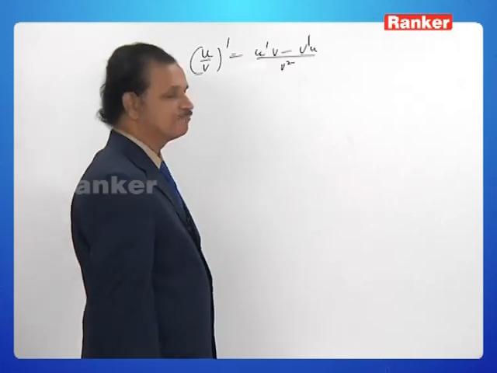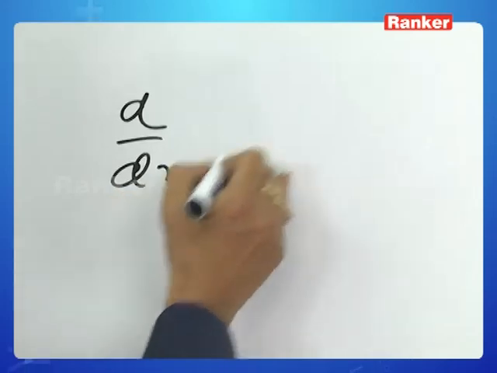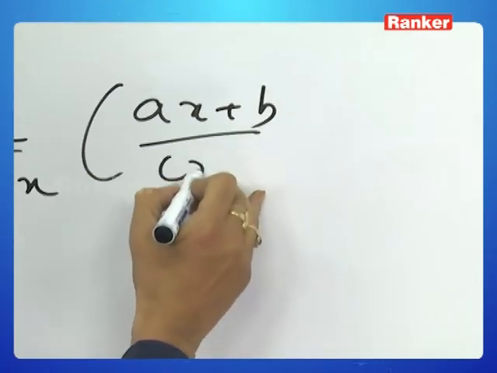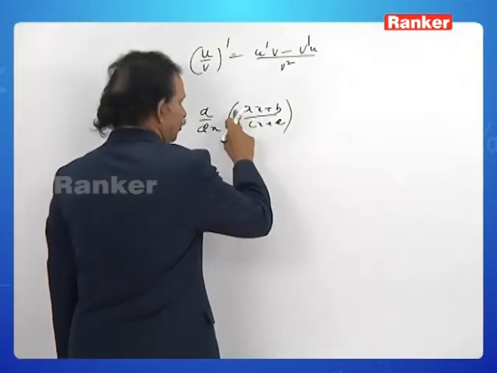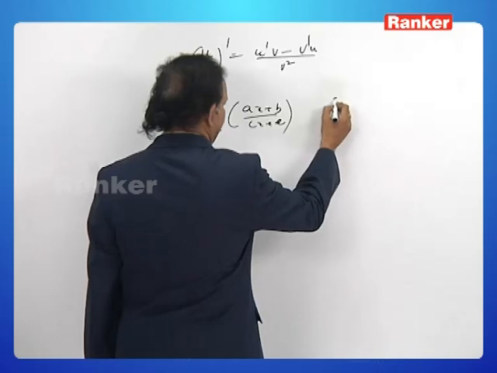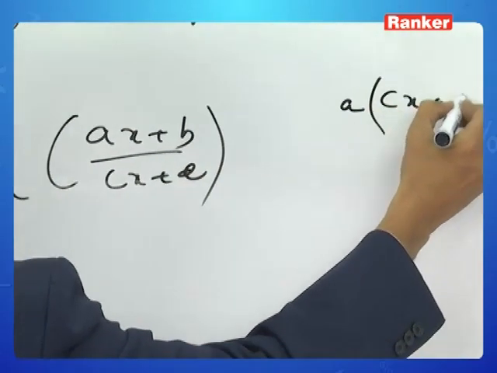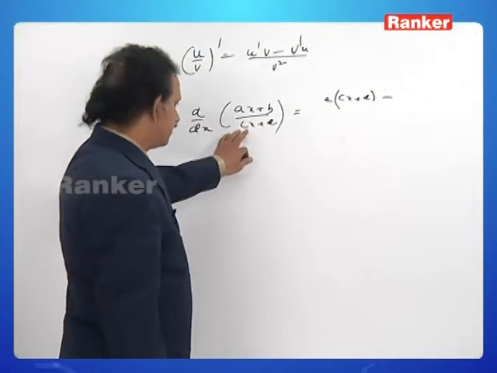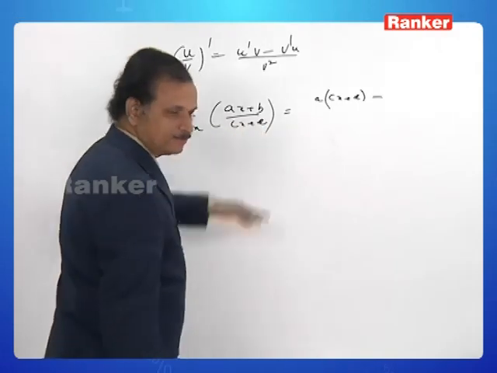What is d by dx of (ax plus b) by (cx plus d)? u dash: for ax, a; for b, 0. v is cx plus d. v dash: for cx, c; for d, 0; c plus 0, c.